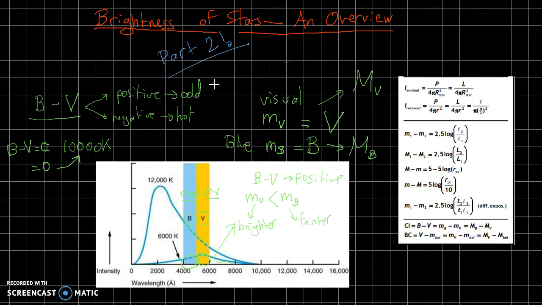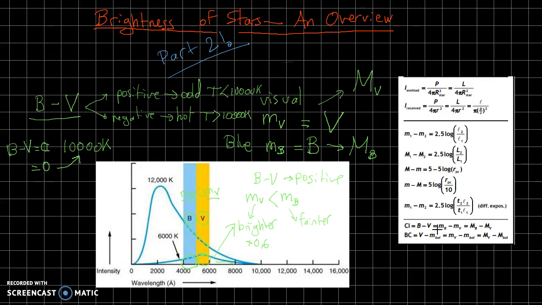So positive means the temperature is less than 10,000 Kelvin, and negative means the temperature is higher than 10,000 Kelvin. For example, for the sun, the B minus V color index is plus 0.6. And it ranges from minus 0.4 for the hottest stars to plus 2 for the coldest stars.